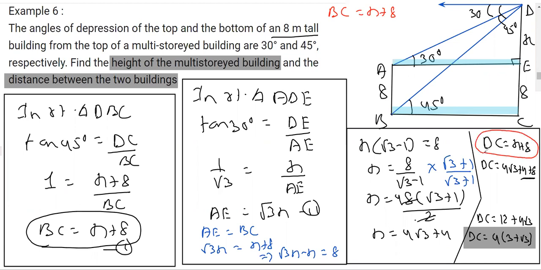So we can simply replace BC as 4 times (3 plus root 3). Once again, BC is X plus 8, and we know that X plus 8 is the same as DC. So we can straight away replace this, and that is also the distance between the two buildings. As I said, the distance between the two buildings is either this or this.